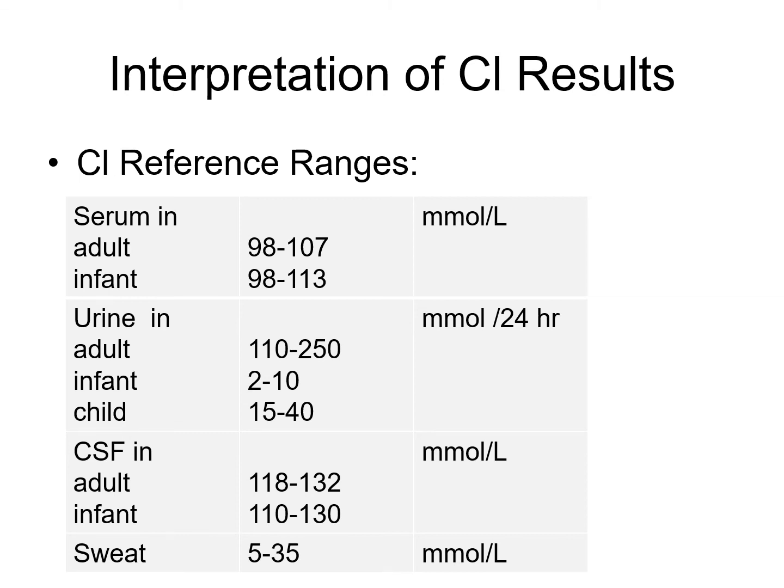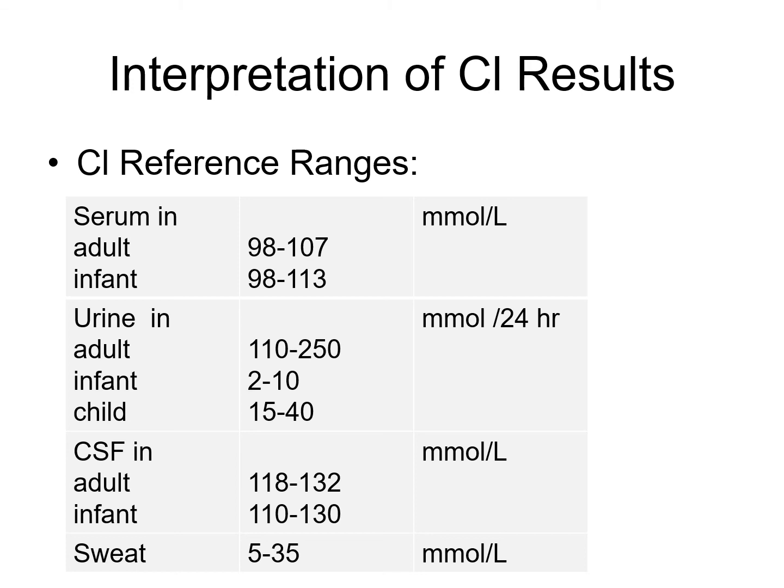Normal values or reference range in an adult and in an infant: adult is 98 to 107 millimoles per liter, a little higher for an infant, 98 to 113. In the urine, in an adult that's about 110 to 250.